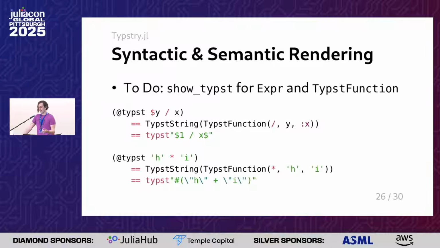So we know that in Julia, using the star or multiply operator on 2 characters combines them into a string. And in Typst, we can do the same thing, just with plus and strings instead. So I plan to set up the Typst function just to exist. In terms of actually implementing the semantic rendering, probably wait until Typst releases a 1.0 and is stable, because that's a lot of work.